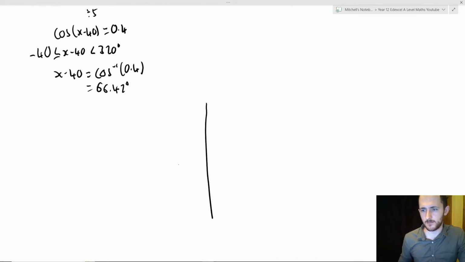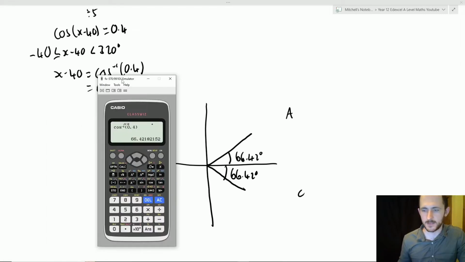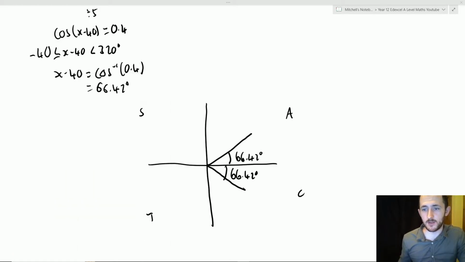So it's relatively straight. So this is in the all section as always. And we're looking at cos here, so our other value where it's positive is going to be here. So that number there would be 360 minus 66.42, which is 293.58.